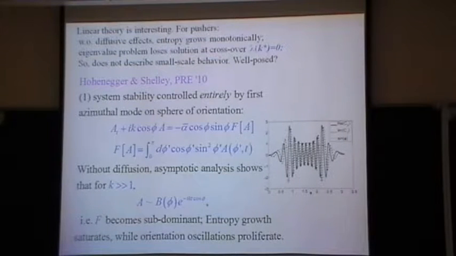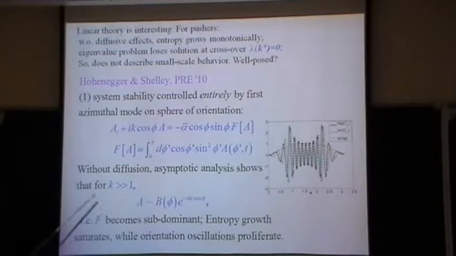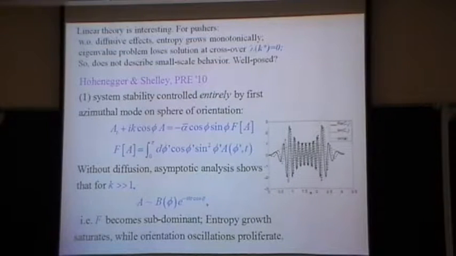I have a p-dependent dispersion relation, and the only thing that matters out of that, in terms of the stability or instability of the whole system, is the first azimuthal mode on the sphere. So without going into an eigenvalue assumption, you can reduce it to something that involves an integral transform in terms of the polar angle on the sphere. This is just the first azimuthal mode, so m equals 2 going around.